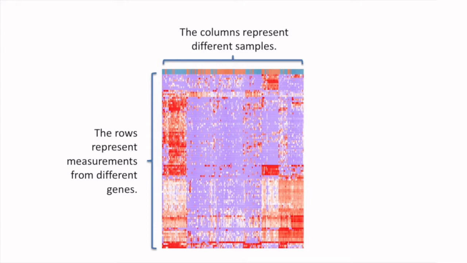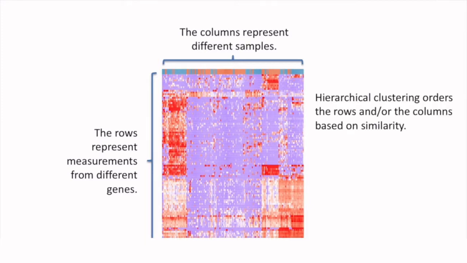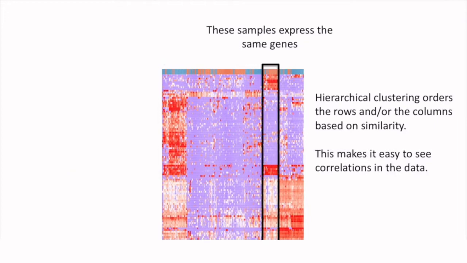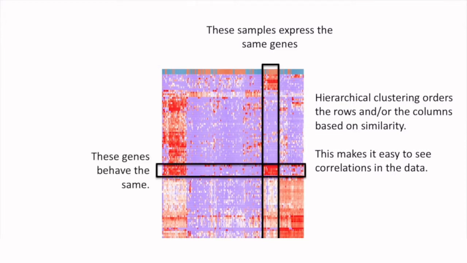Red typically signifies high expression of a gene, and blue or purple means lower expression for a gene. Hierarchical clustering orders the rows and/or the columns based on similarity. This makes it easy to see correlation in the data. For example, these samples express the same gene while these behave the same.